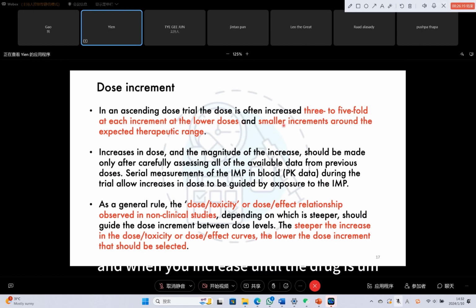When you increase until the drug is around the therapeutic range, smaller increments should be expected. The general rule for this dose increment is that the dose to toxicity or dose to effect relationship observed in the non-clinical studies has to be considered. Depending on which curve is steeper, dose to toxicity or dose to effect, the lower dose increment should be selected.